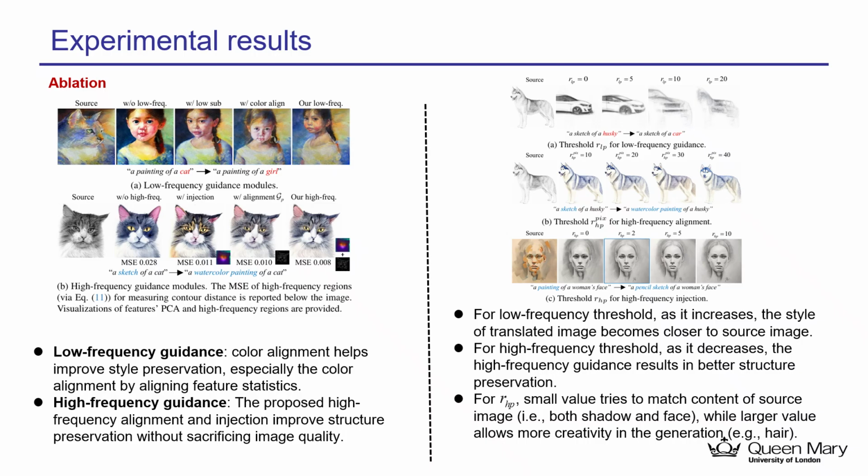This is the threshold for different filtering parameters in our low frequency guidance and high frequency guidance. For low frequency guidance, we show that when we increase the threshold, it generally captures more and more layout information. For the high frequency guidance, we show that when the guidance is between 20 to 30, it has a better balance in terms of structure preservation and image quality.